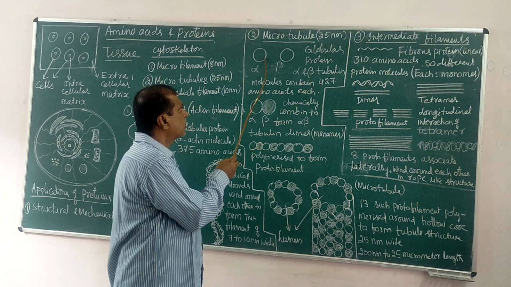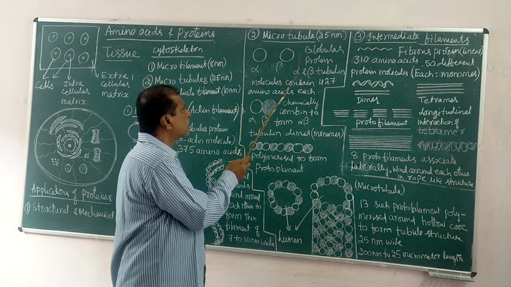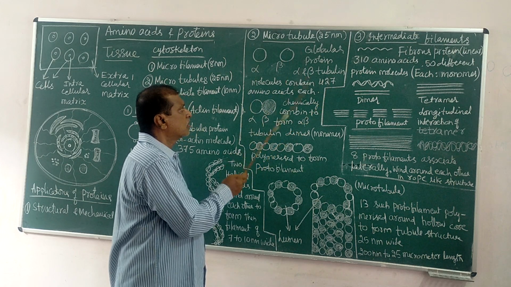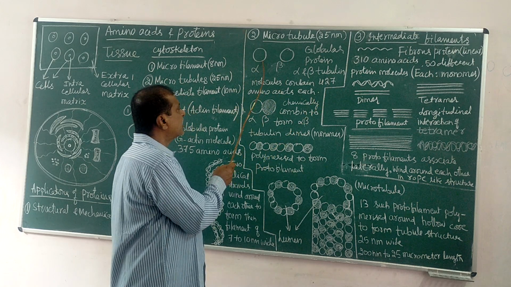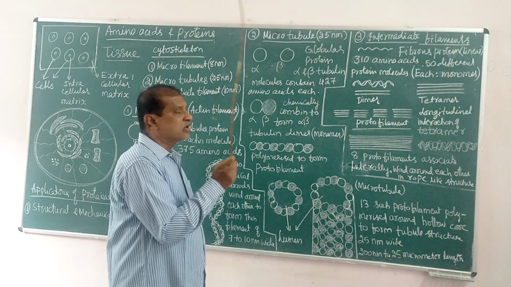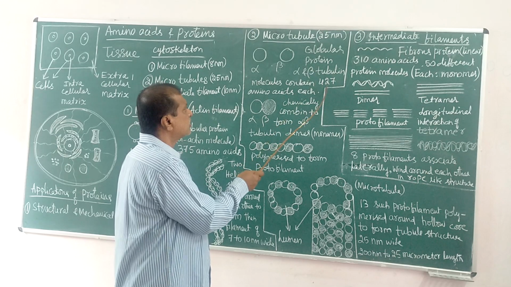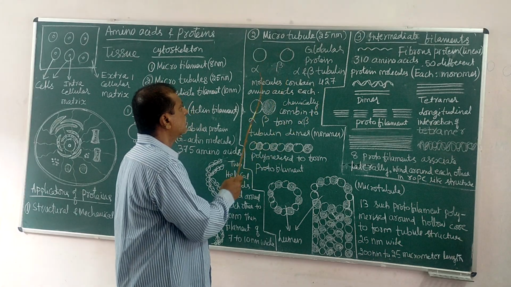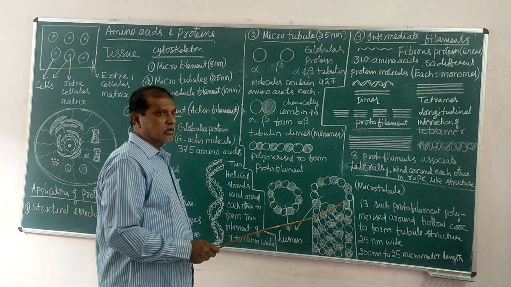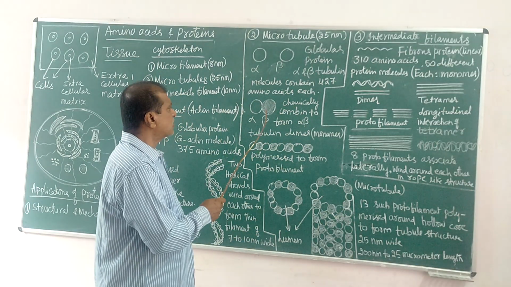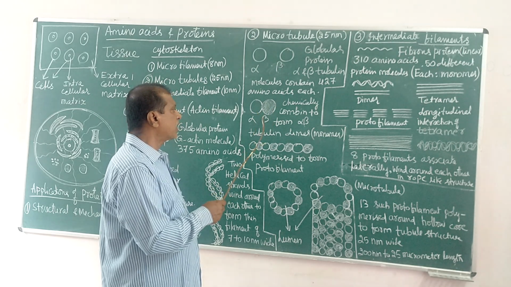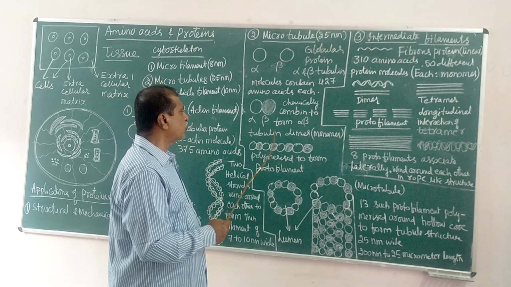Each globular protein contains 427 amino acids, but they differ in amino acid sequence. The sequence is different, but the number of amino acids is the same. After synthesis, these macromolecules chemically combine, forming a dimer called the tubulin dimer.